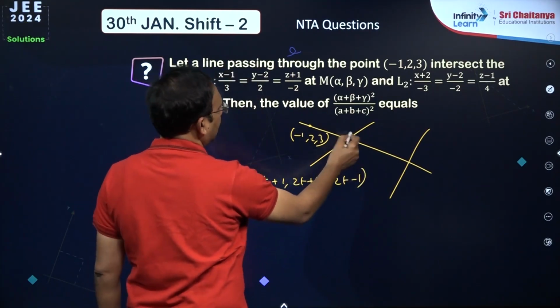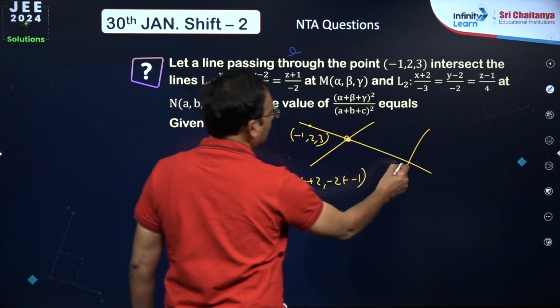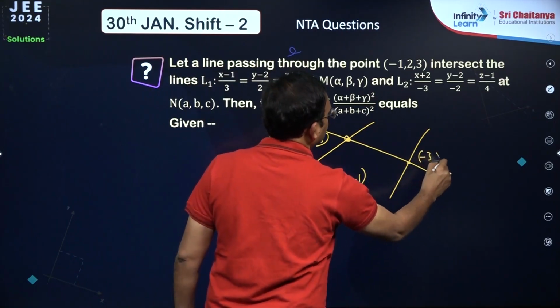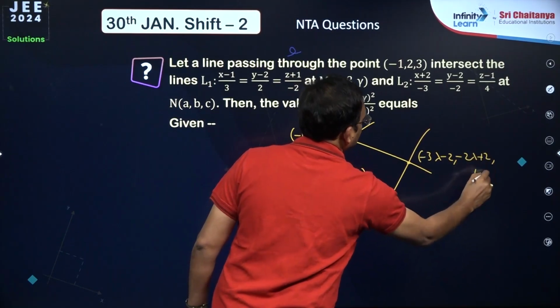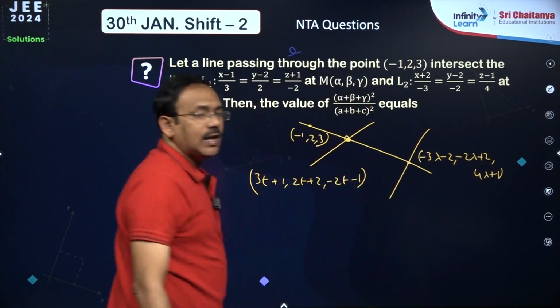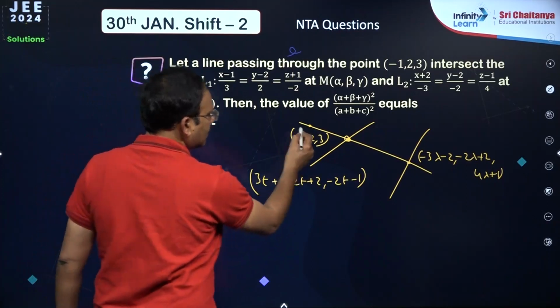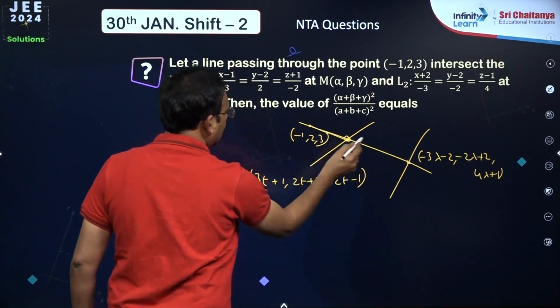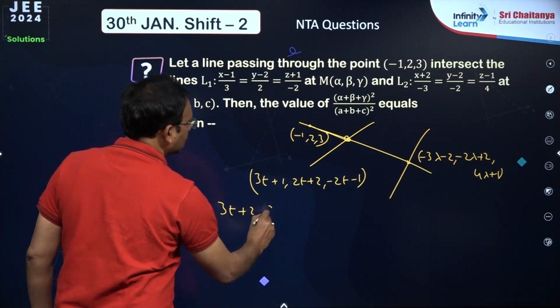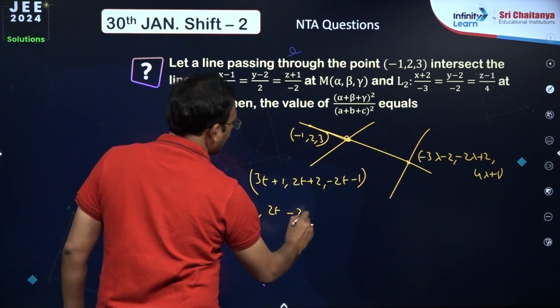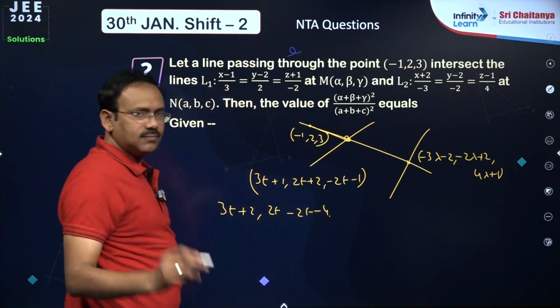This is M, and on L2 you take the general point like minus 3 lambda minus 2, minus 2 lambda plus 2, 4 lambda plus 1. Now, when these 3 points are collinear, take the DRs here, that is 3t plus 1 plus 1, 3t plus 2, 2t, this is minus 2t minus 4.